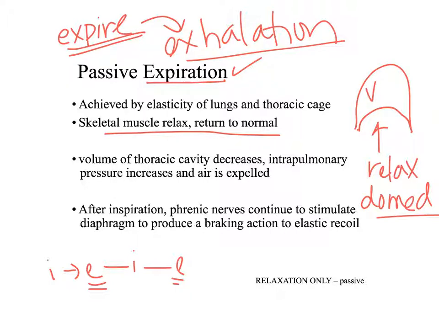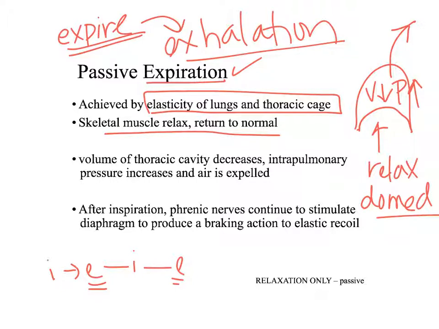So the volume is going down, the pressure is going to go up, and then the air is going to leave. When everything relaxes, our lungs and thoracic cavity are actually very elastic, so they want to go back to being small. The volume of the thoracic cavity decreases, intrapulmonary pressure increases, and air is expelled.